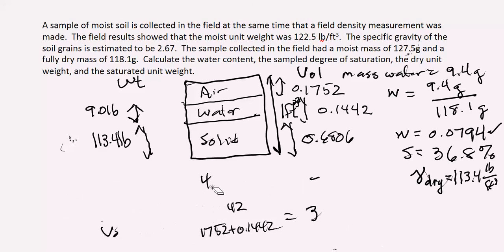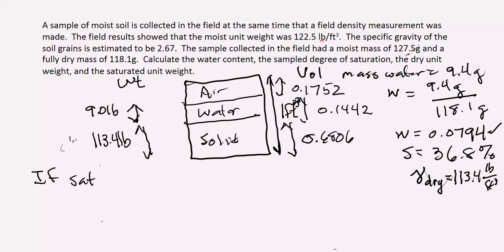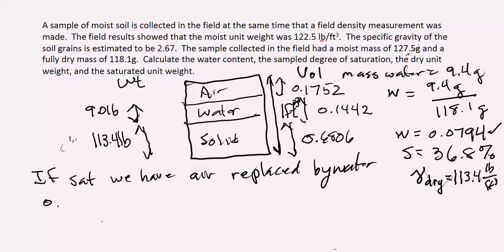So now to do that, what we need to do is to say if saturated, we know that we're going to have the air phase replaced by water, or 0.1752 cubic feet more of water.